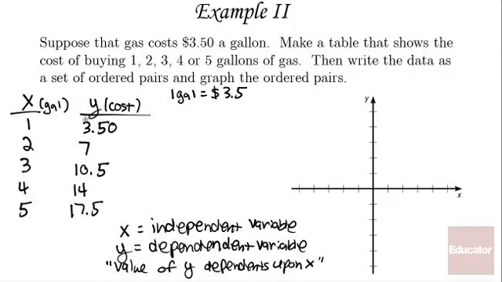Okay. So I was first asked to make a table that shows the cost of buying 1 through 5 gallons of gas, and I did that. Then I'm supposed to write the data as a set of ordered pairs. And I'm going to do that by writing my X value followed by my corresponding Y value.